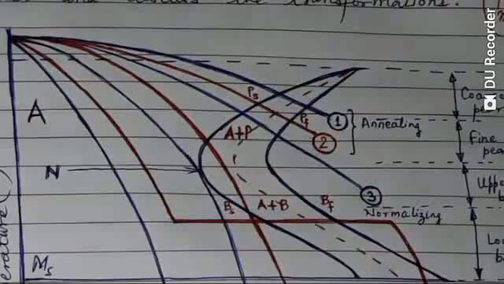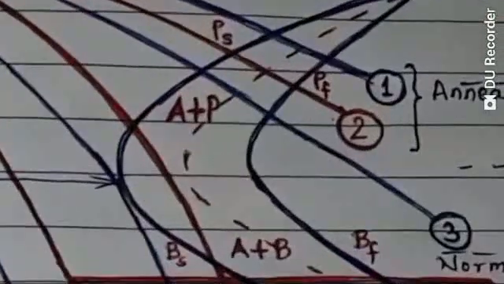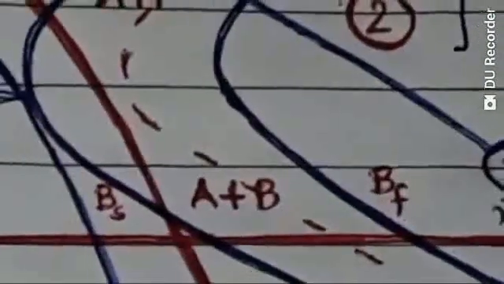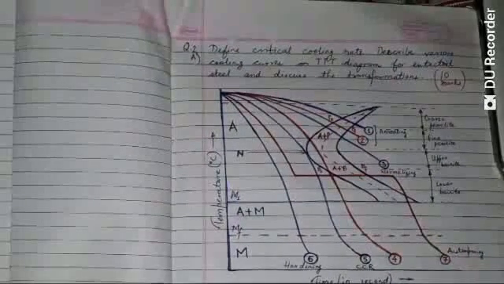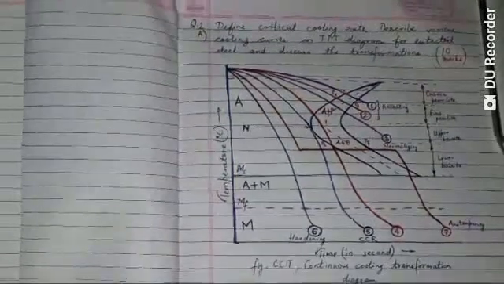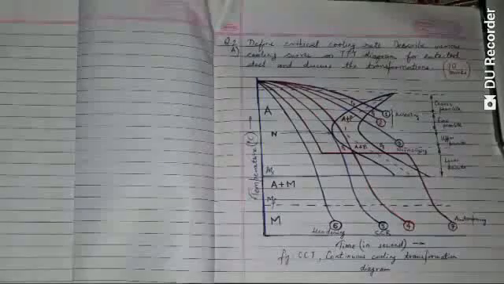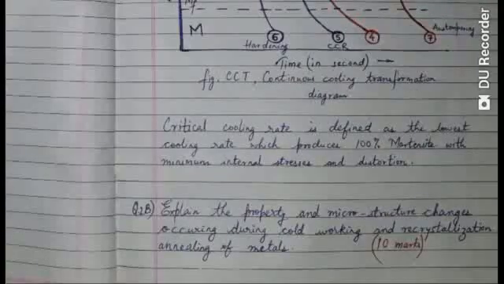Here in between, it is A plus P, and here you can see A plus B. So this is the critical cooling rate, that is CCR, and this diagram is called continuous cooling transformation diagram. Second year degree section. This is for mechanical and automobile engineering, and the subject is material technology.